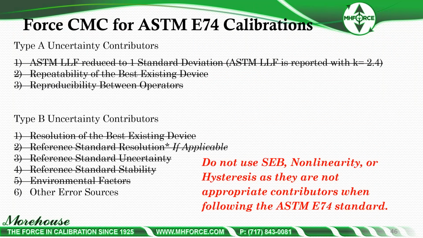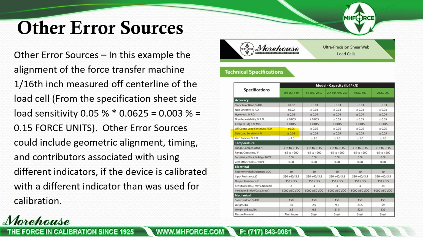So, other error sources. In the example I put in a misalignment, and depending on what machine's being used as a transfer or comparator machine, about the worst is a 16th measured off center line. So I put that in, just an example of something else some people may consider if they're using our cal machines.